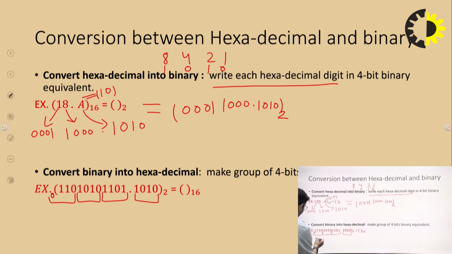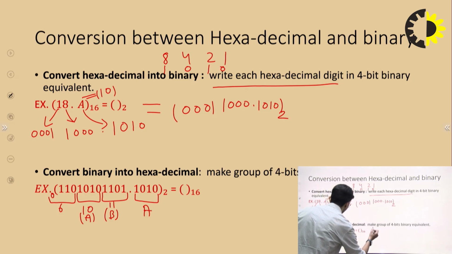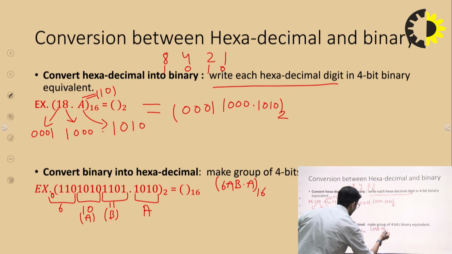So this is equivalent to 6, this is equivalent to 10, which is A in hexadecimal, this is equivalent to 11, which is B in hexadecimal, and this is equivalent to 10 again, which is A. So our hexadecimal number is 6AB.A. This is our hexadecimal number.